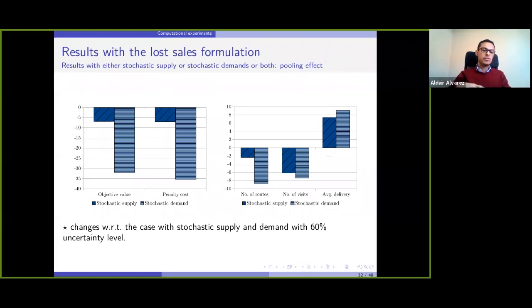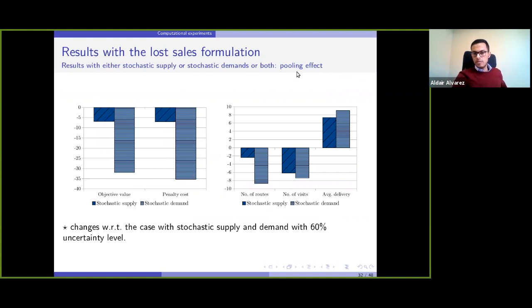So that's why demand uncertainty is not as significant as supply uncertainty here. And this is also, again, a result, as I said initially, of the one-to-many structure, given that supply uncertainty has the inconvenience of disrupting the distribution to all the customers at the same time.